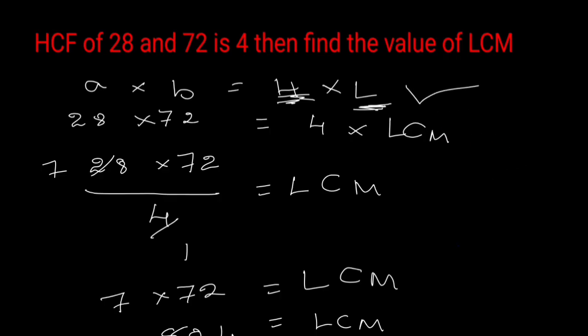Like this we can solve HCF or LCM problems. In this chapter, we want to know these concepts. In the next video, I am going to discuss LBA questions with you one by one. Thank you.